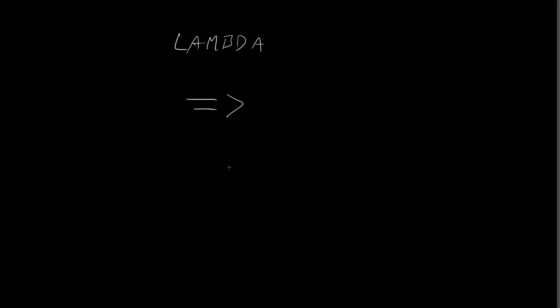This lambda, you might know it from the Greek alphabet. It's a Greek letter, like the half-life symbol. And what this lambda operator does in C# is it introduces an operation, like a function. So everything that is on the right side of a lambda operator is going to be a function.